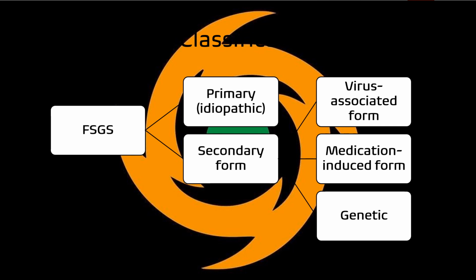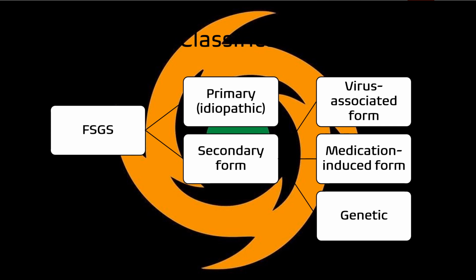It's in context of FSGS classification. So there's a primary form and a secondary form. The primary form can be identified as idiopathic, from an unknown cause.